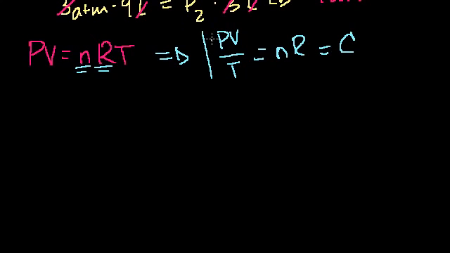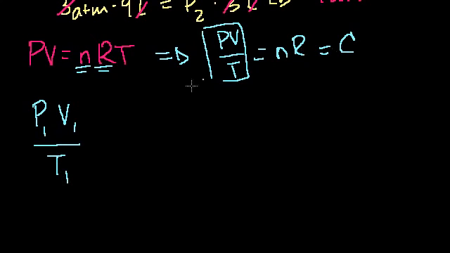This is going to be a constant number for any system where we're not changing the number of molecules in the container. So if we start with pressure 1, volume 1, and temperature 1, that's equal to this constant. And if we change any of them, to pressure 2, volume 2, temperature 2, they should still be equal to this constant. So they equal each other.